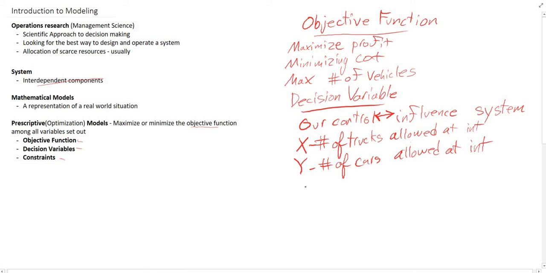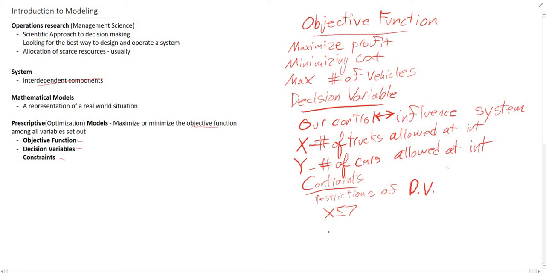And finally, we have our constraints. Our constraints are restrictions of the decision variables, which make the optimization function or prescriptive model feasible. Examples could be that trucks can never exceed more than 7 vehicles at the intersection.